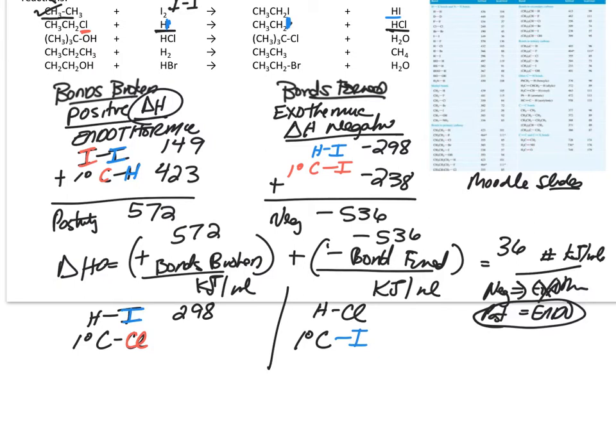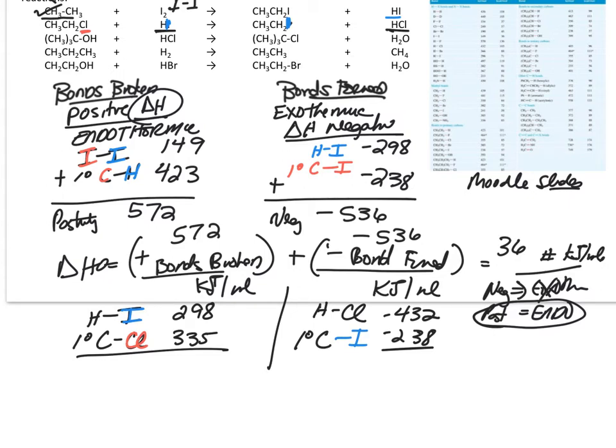The primary carbon Cl is 335, and then the bonds formed are HCl, and you need to do this exercise so you can get good at this and get quick. So that's negative 432, and then we have a primary carbon iodide form, and that's 238, so we're going to make that negative 238.